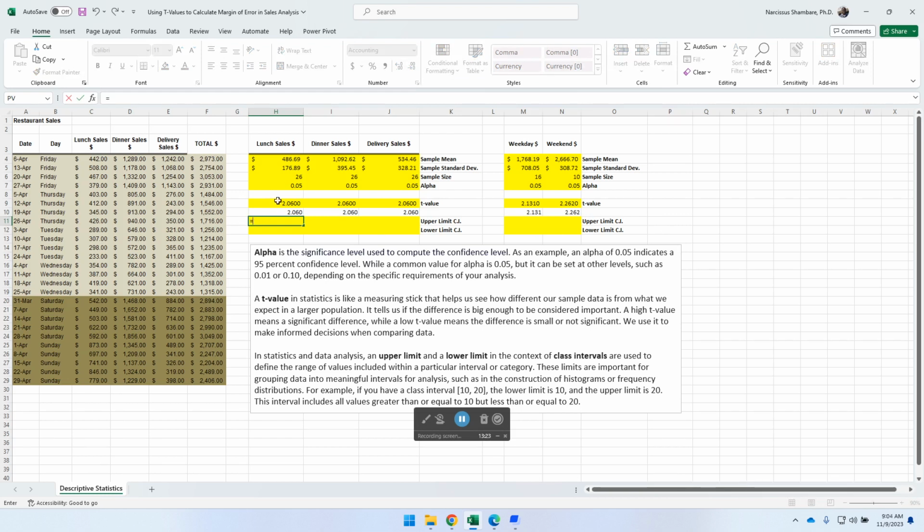So we say equal sign, so we click on the mean, right? So then we begin with the mean, and the upper limit will be plus the t-value, multiplied by open parenthesis. So we multiply that by the standard error.